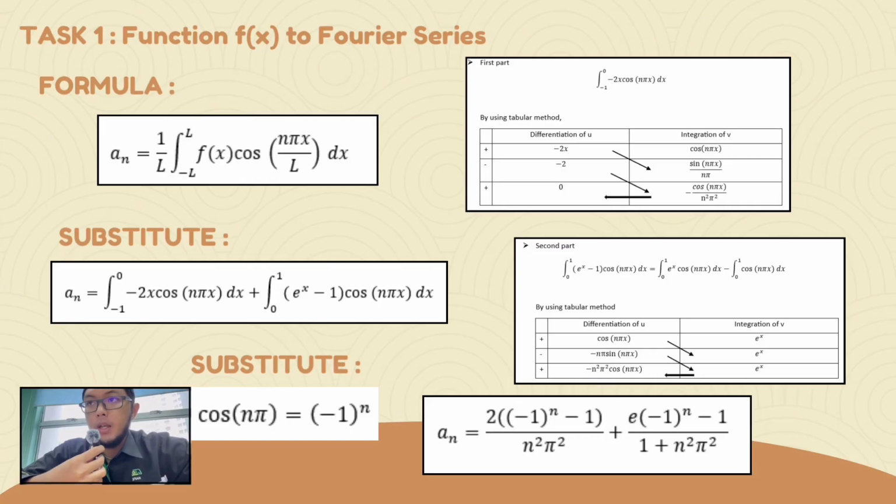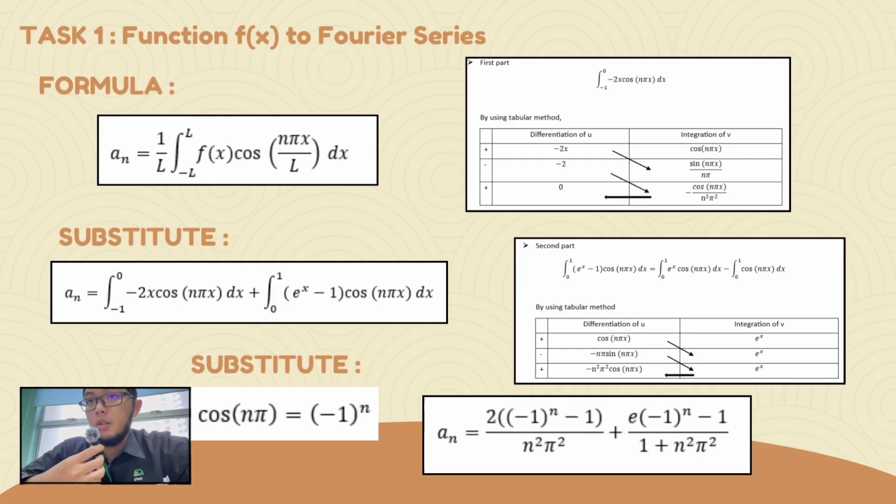Okay, so to find an, the formula will be 1 over L integral from negative L to L of f(x) cosine(n pi x over L) dx. Since we have a piecewise function, we need to separate the integral into two different integrals: from negative 1 to 0, where the function will be negative 2x, and from 0 to 1, where the function will be e to the power of x minus 1.